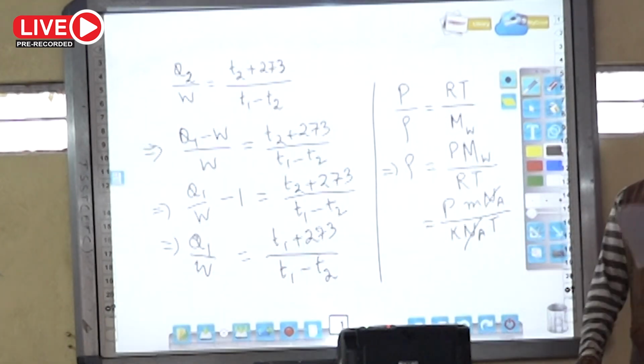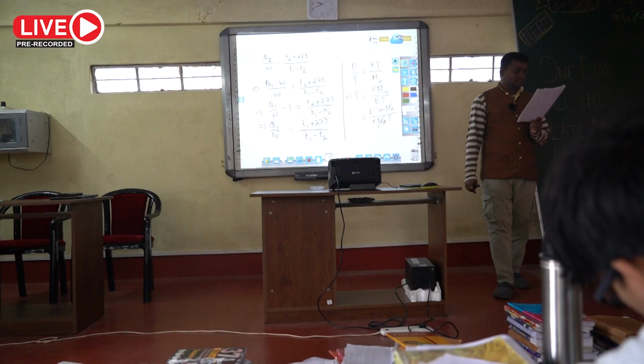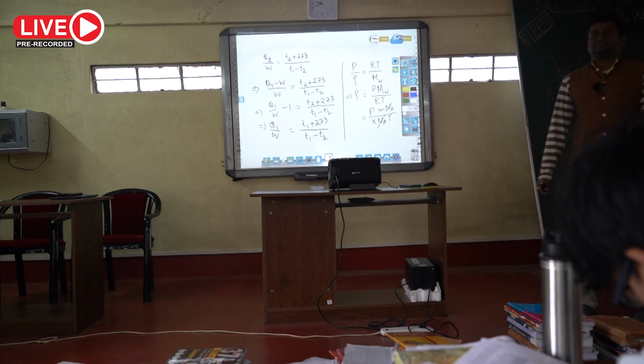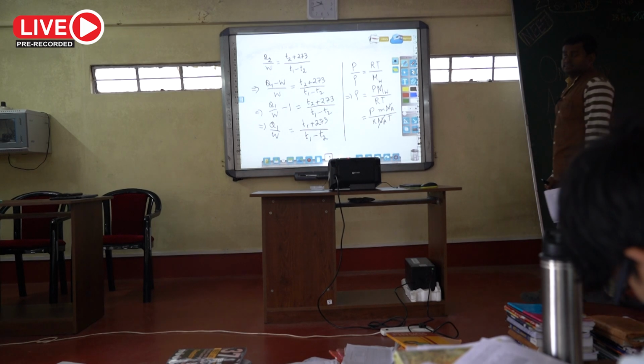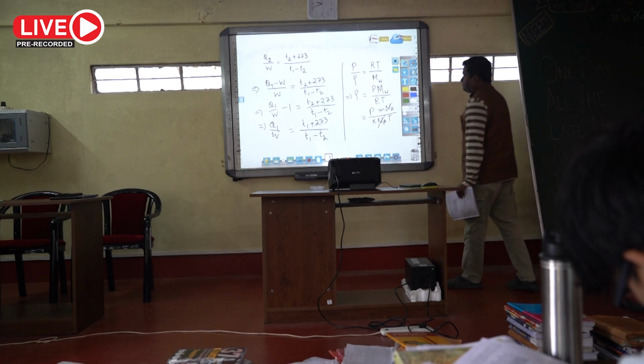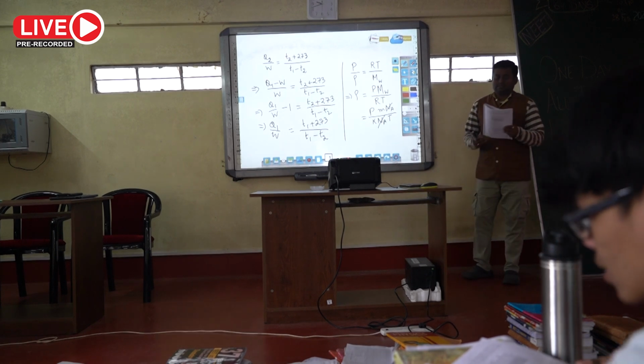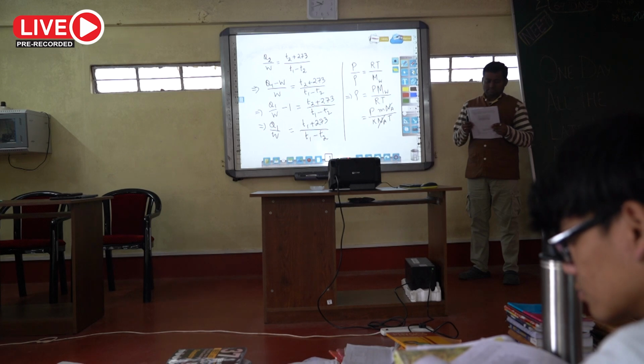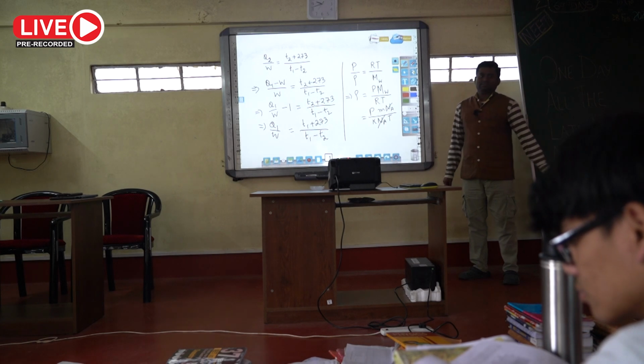So the answer is Pm by kT, option 2. Okay. Now question number 20. Solve.